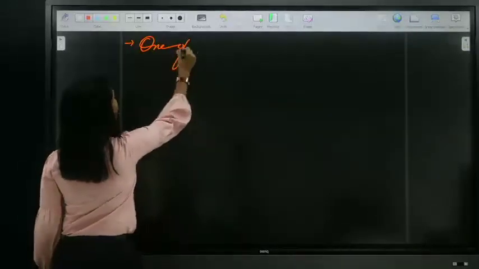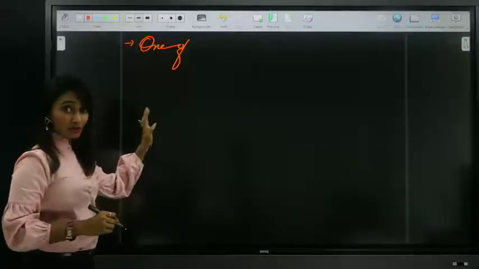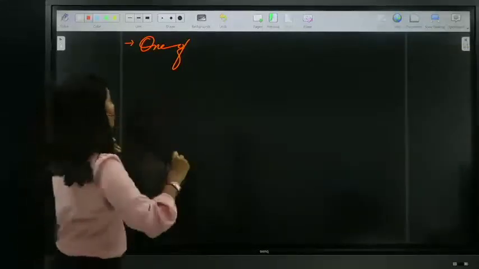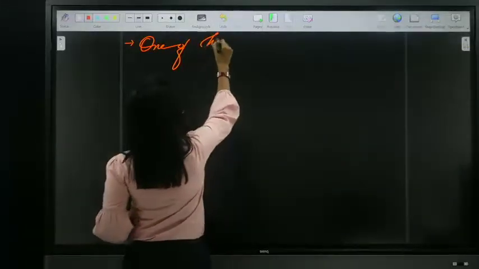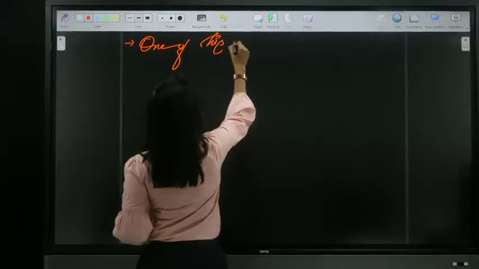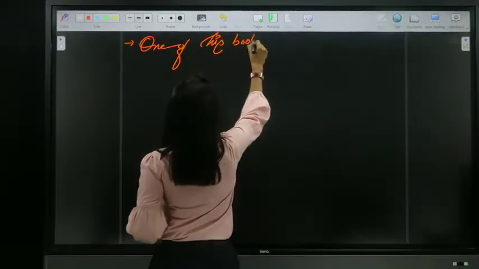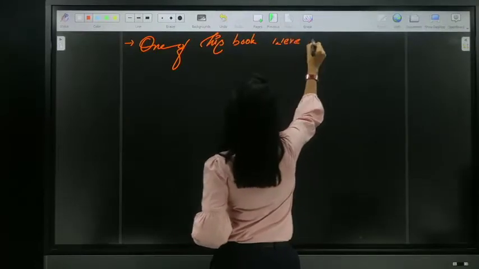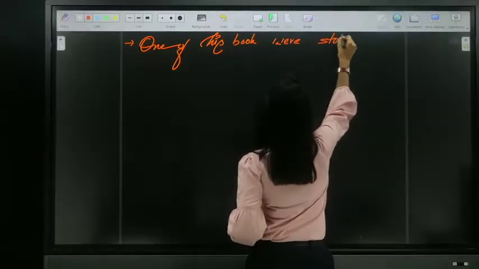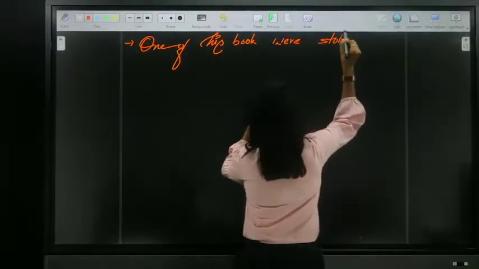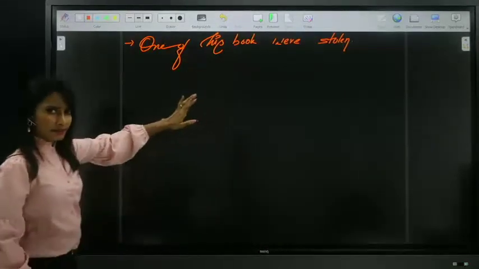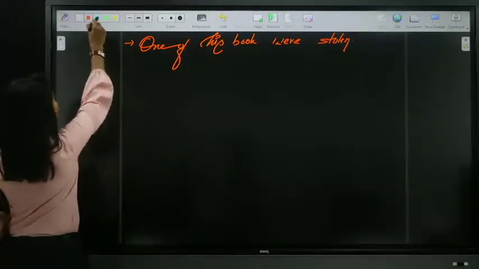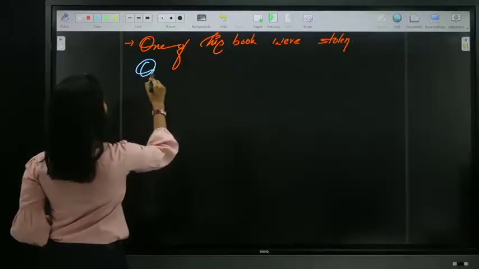One of, remember the concept with one of? So I'm giving the same. "One of his book were stolen." Can you tell me what is the error here? We already discussed the one of concept, remember?